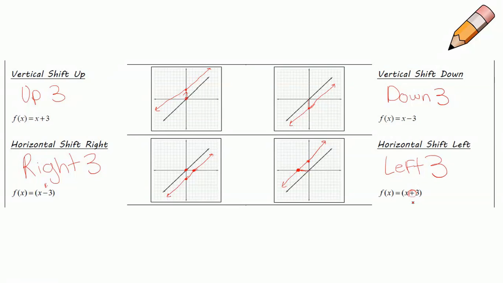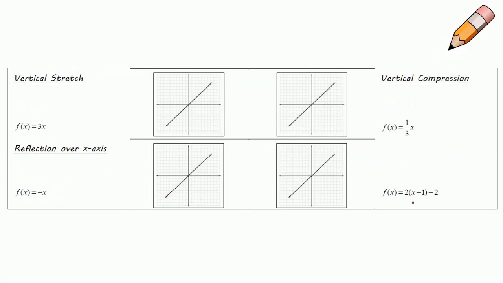It's going to be a lot easier for us to find a point somewhere out in the area and be able to flip it and move it really quick. Now, there's a few other ways. Vertical stretch, so 3x. We already know that. It's going to start at 0, 0, and go up 3 over 1.